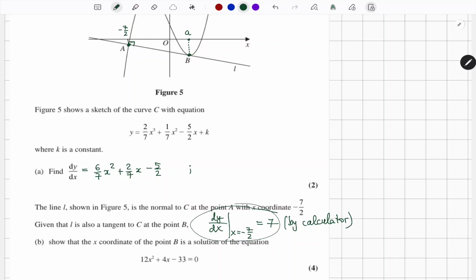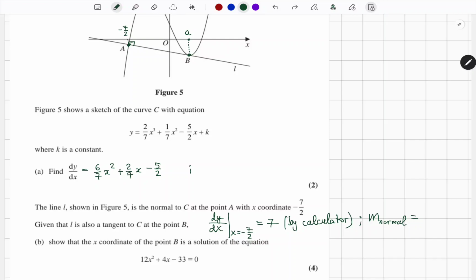So, but it's a value of the derivative. It's gradient of the tangent. But I'm interested in the gradient of the normal. The gradient of the normal, m of normal, okay? M of normal is the gradient of the tangent, but negative reciprocal.